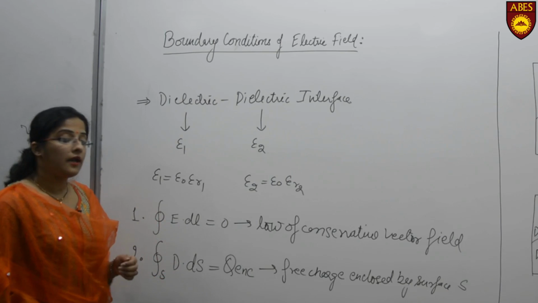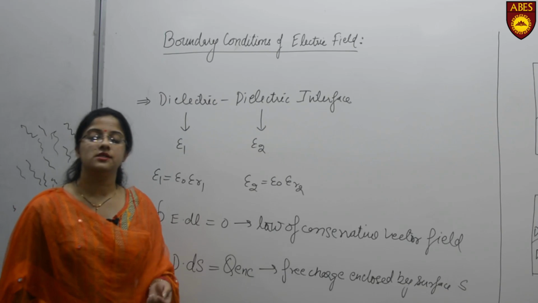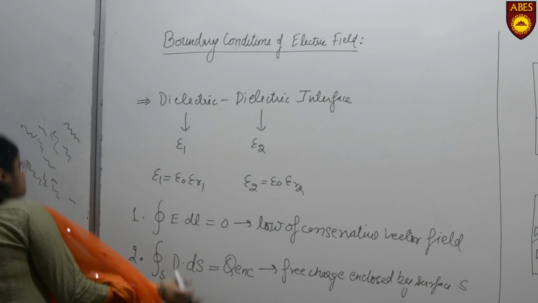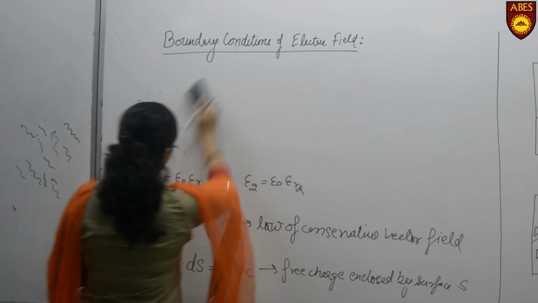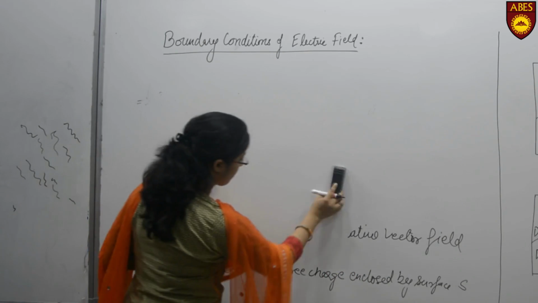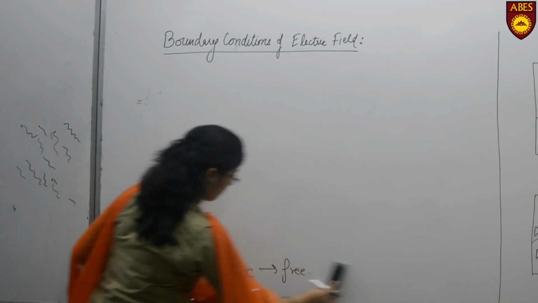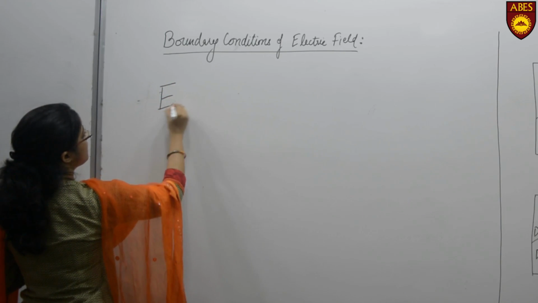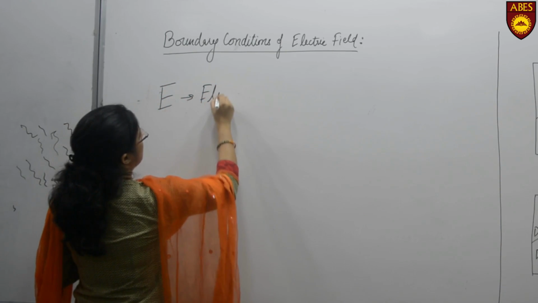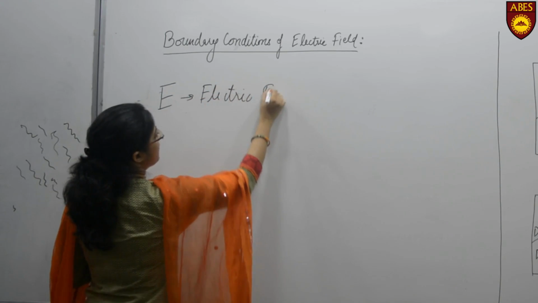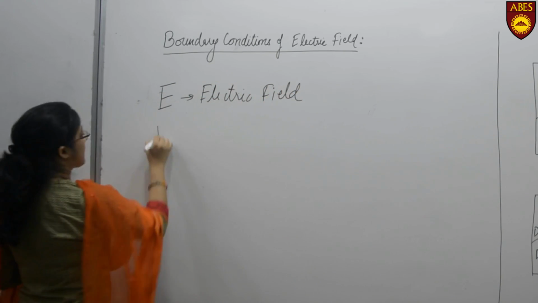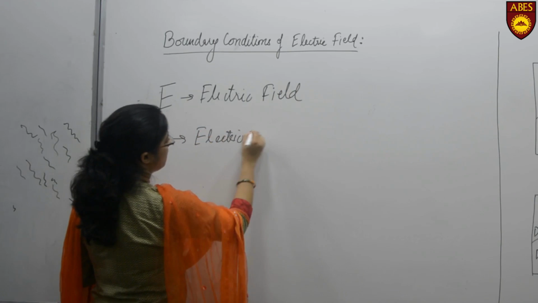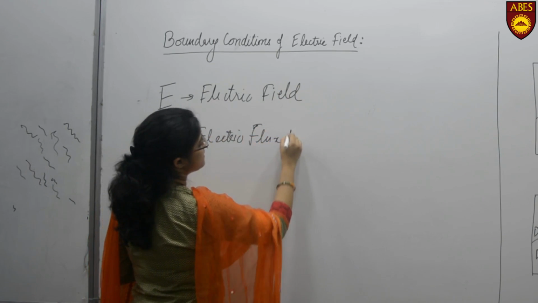Now for determining the boundary conditions we require two parameters, the electrostatic field and the electric flux density. Both parameters can be decomposed into two orthogonal components. First I am considering the electric field intensity, and second the electric flux density.